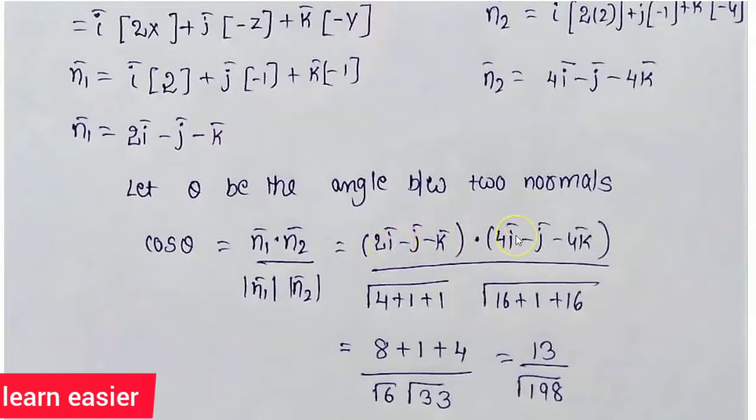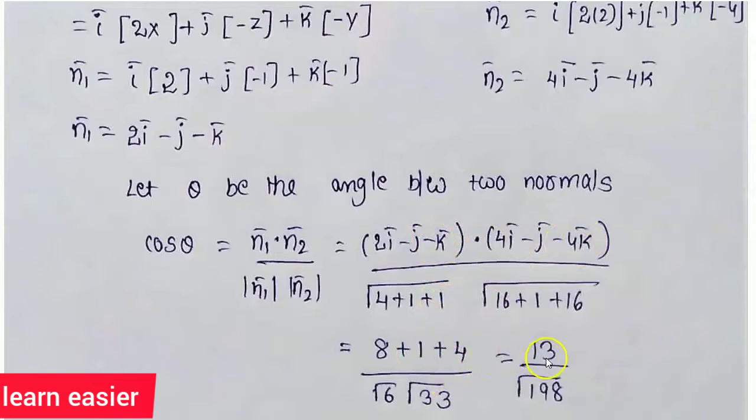When we apply the dot product between two vectors, we get 2i bar dot 4i bar is 2 4's 8, and i bar dot i bar is 1, j bar dot j bar is 1, and k bar dot k bar is 1. So after applying the dot product, we get 2 4's 8 and minus 1 into minus 1, so we get plus 1, and minus 1 into minus 4, that is plus 4.